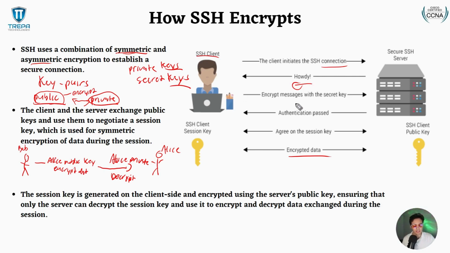The client encrypts with the public key and sends it to the server. Once authentication is passed, they agree on what we call a session key, a secret key to be used for their symmetric encryption. And that's when they start sending encrypted data to each other. So that's the simple steps of how SSH works.